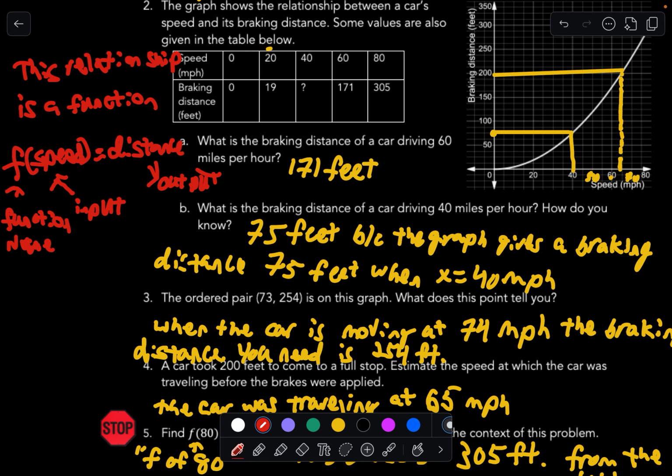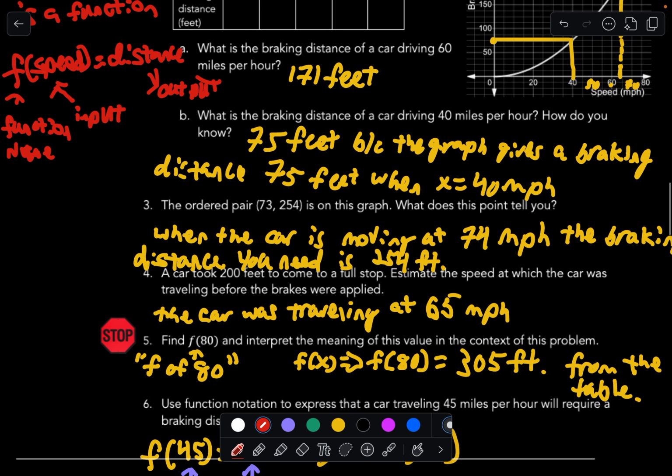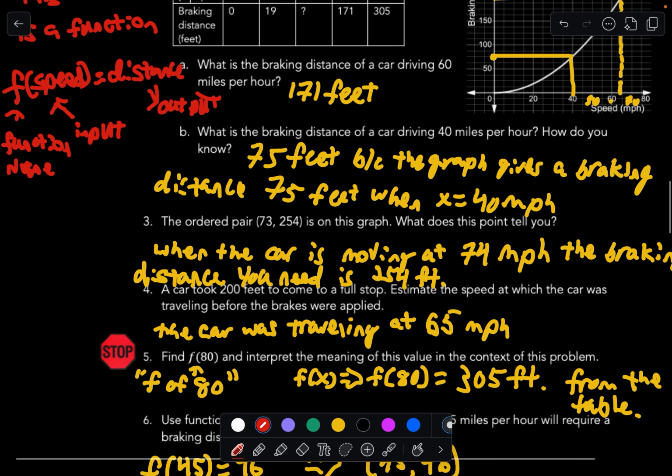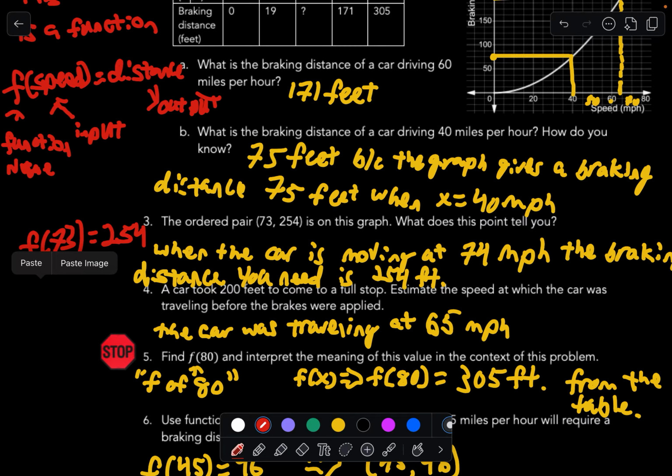So, for example, for number 3, you could write this as f of 73 equals 254. Or you could have said f of 40 was 75.